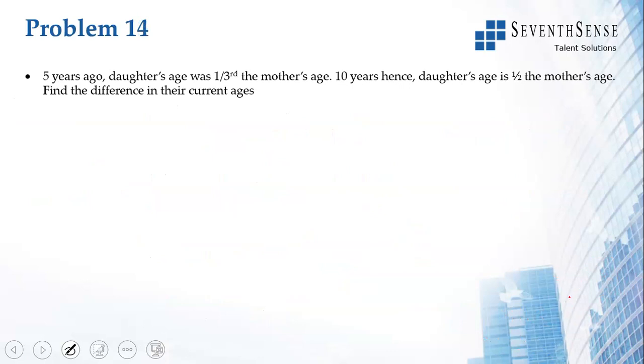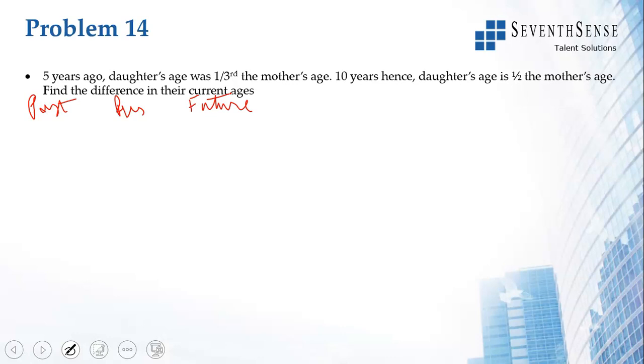Next question. 5 years ago, daughter's age was, past, present, and future. So let us say 5 years ago, daughter's age was 1/3 the mother's age.